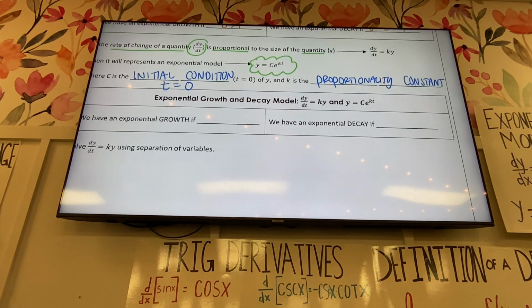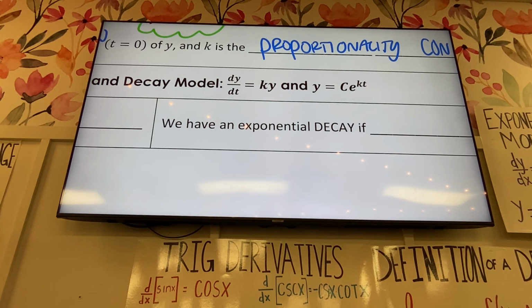For your exponential growth decay model, once again, if you have this specific differential, dy/dt equals k times y, or dw/dt equals k times w, these two variables have to be the same. If you have this specific differential, you can automatically jump straight to this solution.